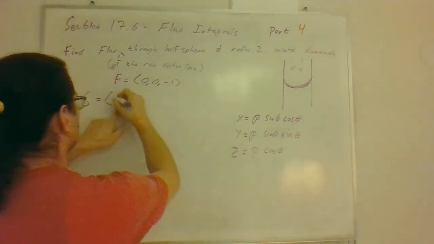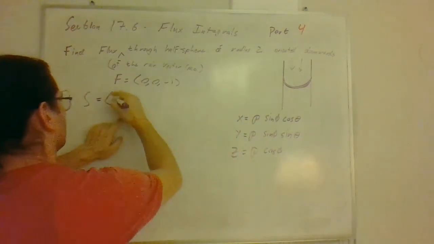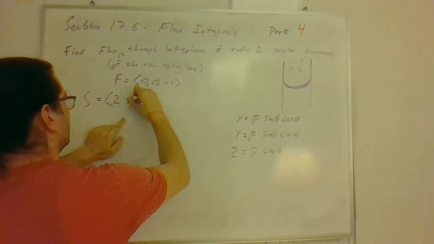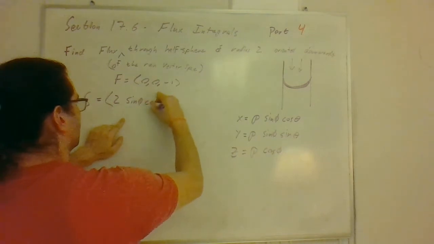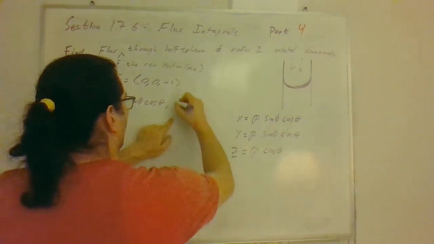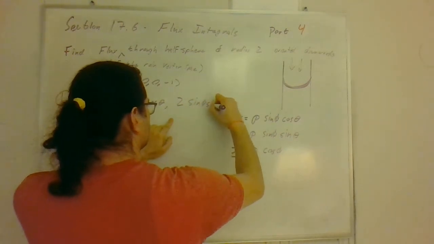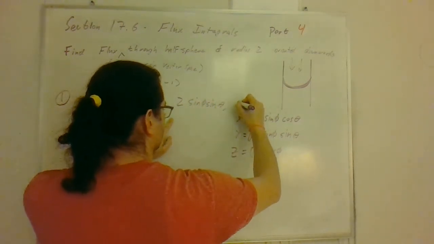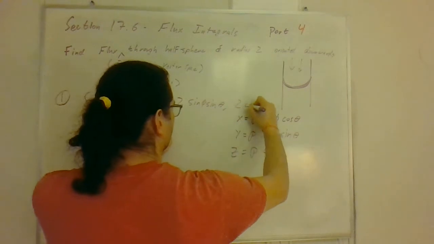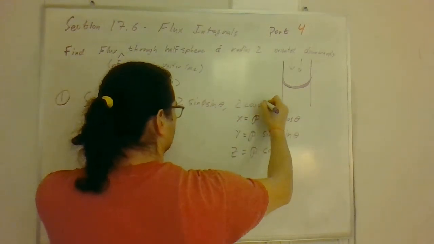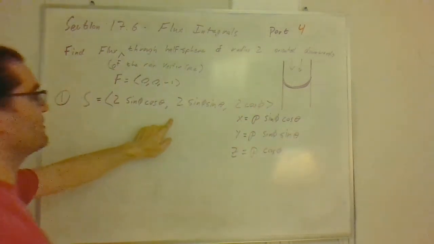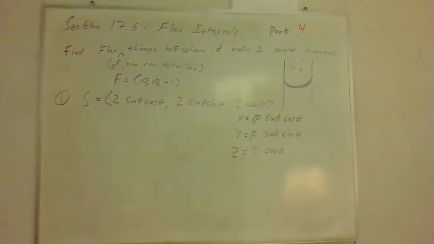So x is going to be, we're fixing rho at 2, so x is going to be 2 sine phi cosine theta. Y is going to be 2 sine phi sine theta, and z is going to be 2 cosine phi. This is the parameterization that we want to use.